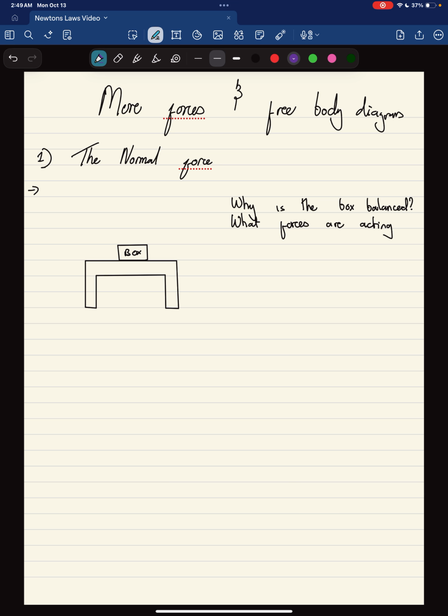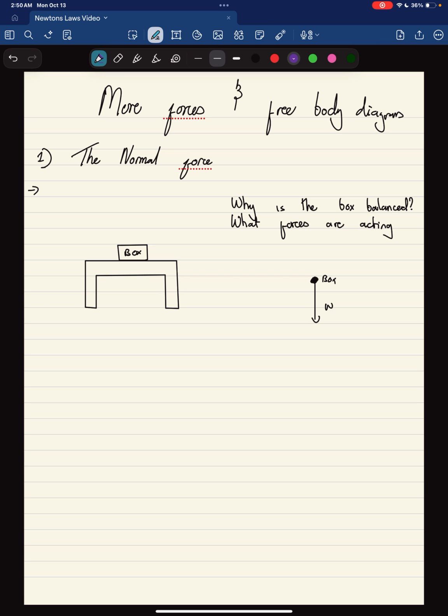When an object, like a box here, is on the surface of a table, it acts on the table with its weight. So this is my free body diagram, my box, and I've got my weight.